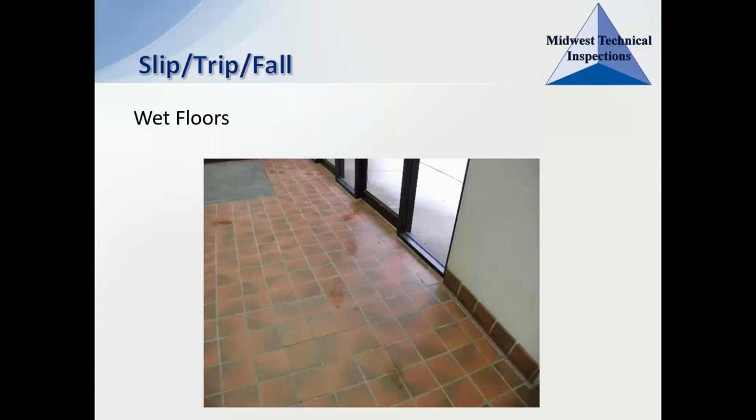Other slip trip fall items that we see, especially when we have like tile floors or concrete floors or something that could be slick if it gets wet, then we want to see non-slip mats at the entrances and exits. That way, if they have inclement weather where maybe it's raining, snowing, etc., when they walk in, they have a place to wipe off or dry off their feet before they step onto that potentially slick surface.